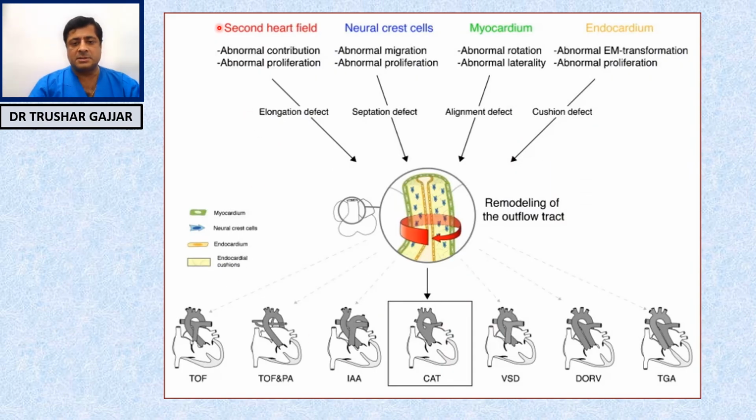So this is the classification suggested for the congenital anomalies of the ventricular outflow tract, where the secondary heart field, neural crest cells, myocardium and endocardium, any abnormality will lead to the formation of various congenital anomalies of the outflow tract.